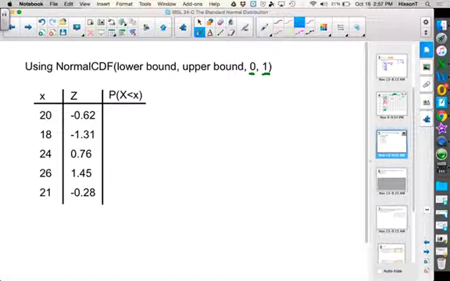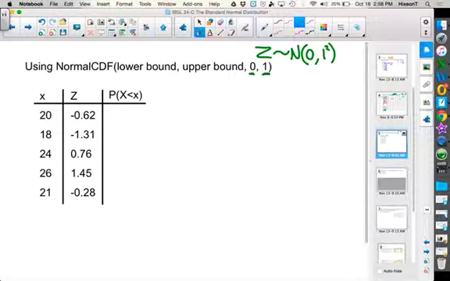Because remember, we're talking about, sorry, not x, but the z-scores are distributed normally with a mean of 0 and a variance of 1 squared. Okay? So that's why we're always using 0 and 1. For all of these, because we want a lower bound, these are going to be the upper bound, okay, for all of them. And you can work through those.